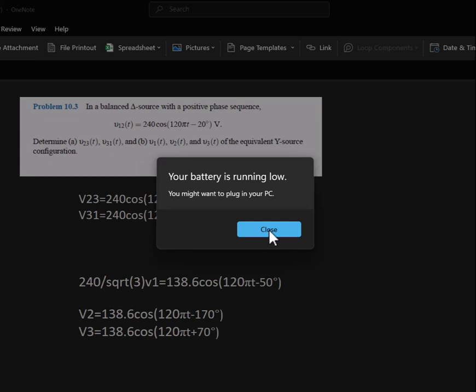I do need my electricity, my charger. Oh, gotcha.